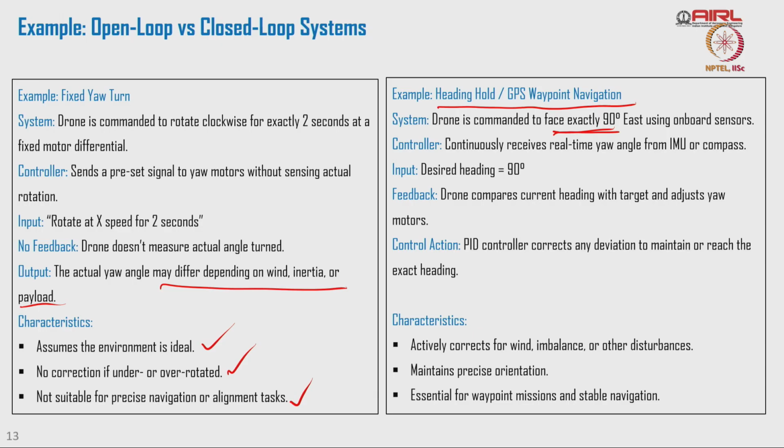The drone then compares the current heading with the desired heading and adjusts the yaw motors. What is the input? The input is the desired heading; here I am giving an example of 90°. We can design a PID controller which will correct any deviation to maintain or reach the exact heading, that is 90°. That is the usefulness of using a controller.